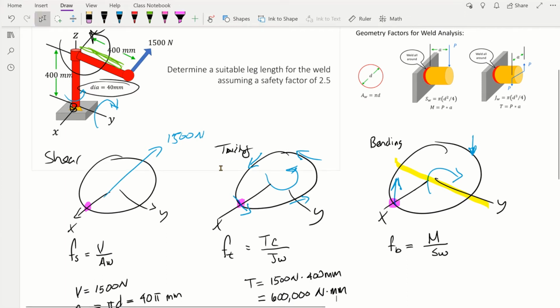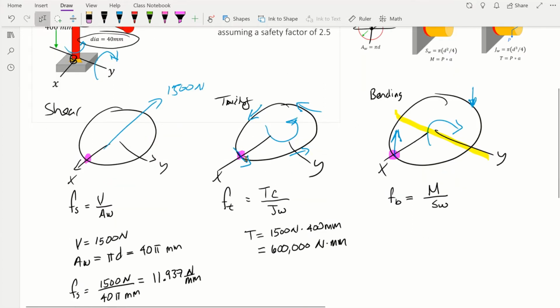Next is this quantity C. Now it's not in this table, but the quantity C is always from the centroid. In this case, the centroid where that weld would balance would be right at the center. And so the centroid really is just the radius of the circle. The circle being a diameter of 40 millimeters, that means that C is just going to be 20 millimeters.